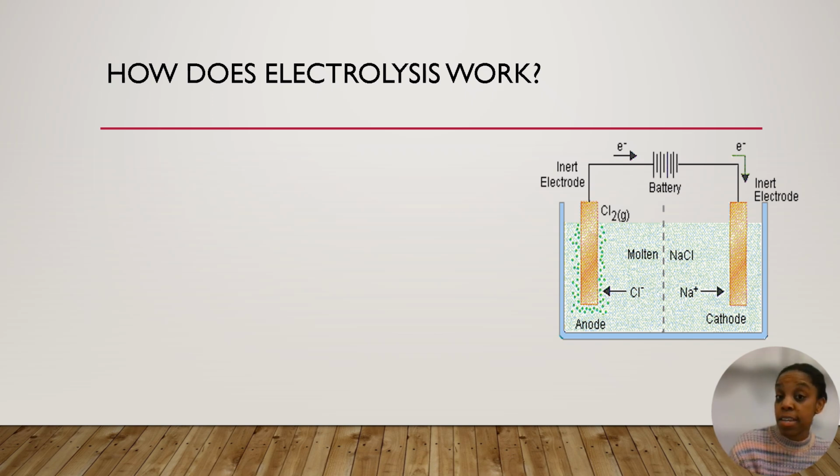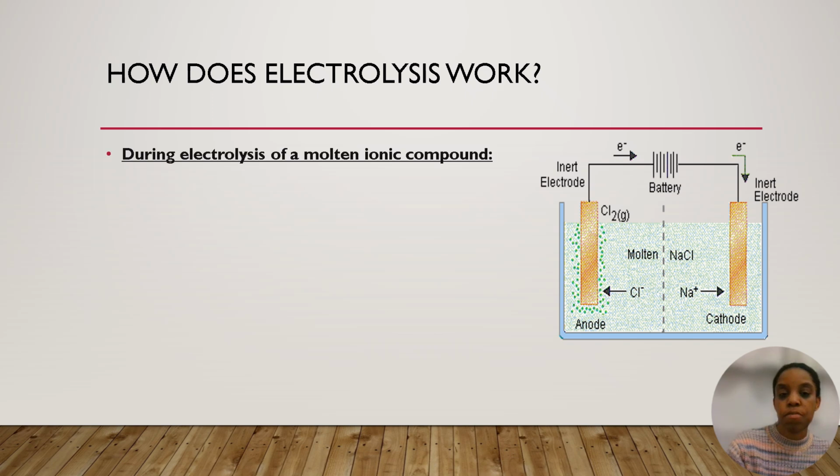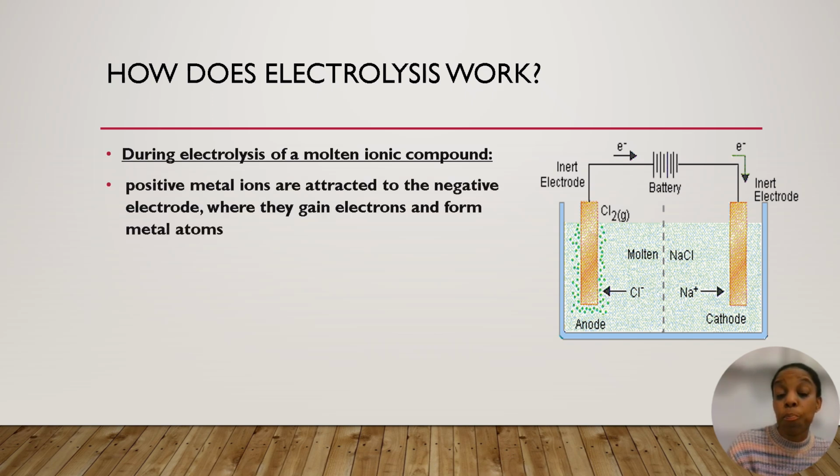One side becomes negative and the other becomes positive. Our positive metal ion, in this case sodium, is attracted to the negative electrode. When it gets there, it receives electrons from that negative electrode, causing it to change from a metal ion to a metal atom.